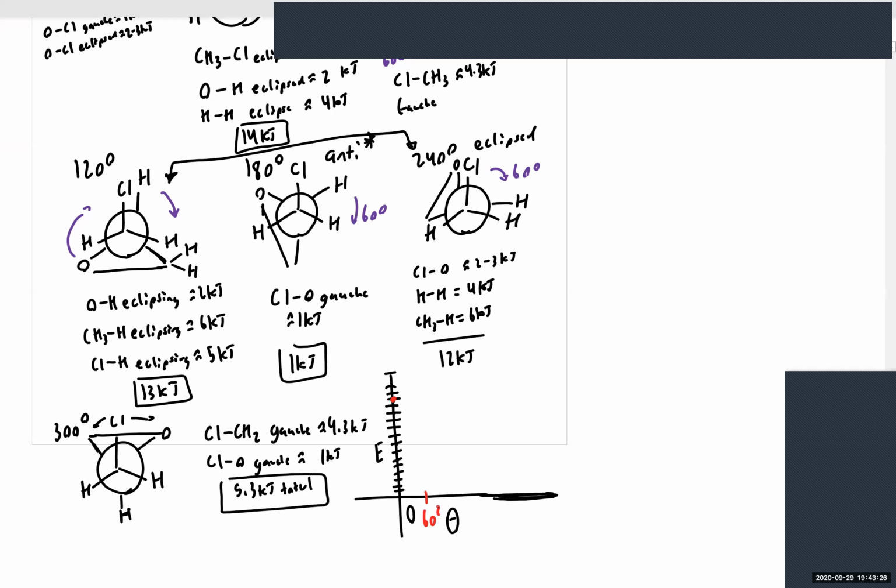Okay, let's now look at 60 degrees, 120, 180, 240, 300. Looking at 60 degrees, we found that it was 4.3. For 120, we said it was around 13.